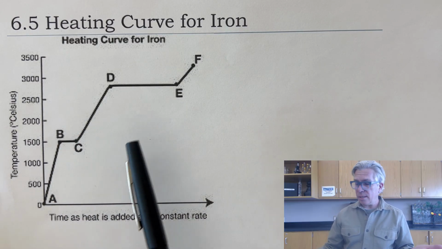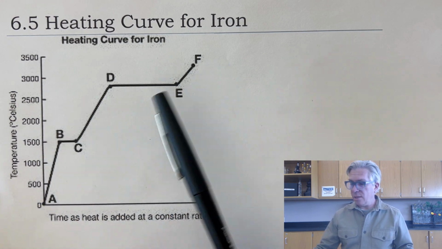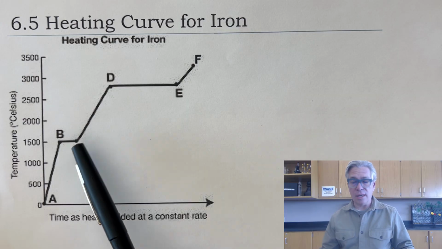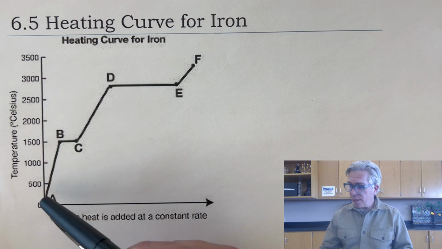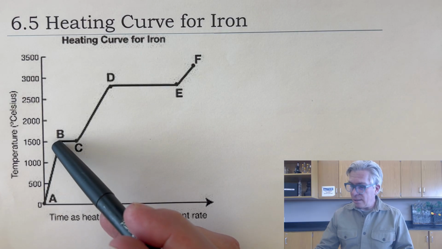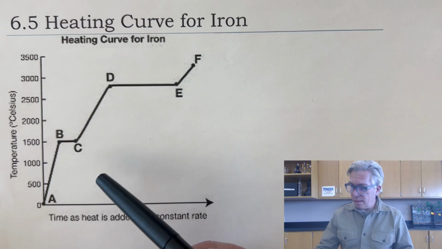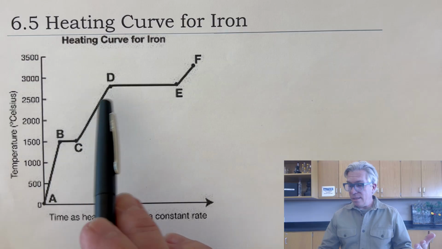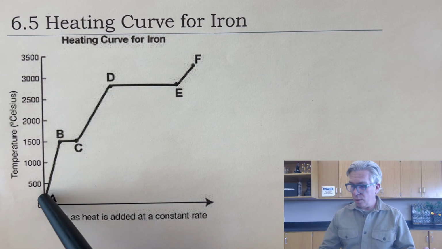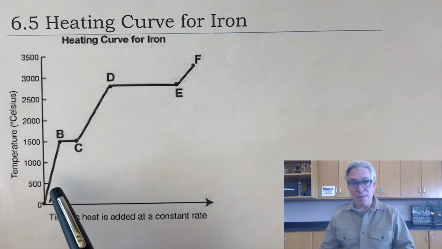So every substance, in theory, has a graph something like this that would show solid, liquid, and gas, and their 2 phase changes and their temperatures. Now, some of you are very bright and curious, and you're probably wondering, why is this line steeper than that line? And why is this line even a little bit flatter than these other 2 segments? That's because in the different states, we're undergoing a temperature change here, and those different states may have different heat capacities.